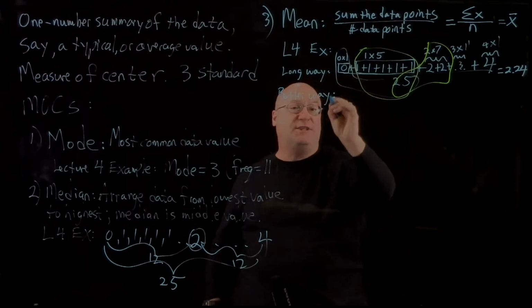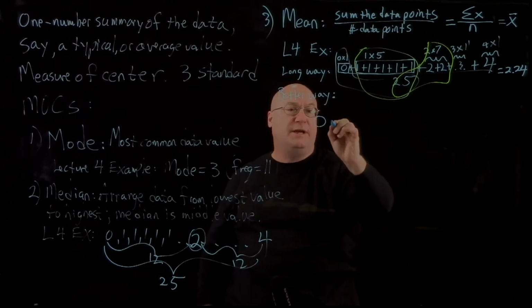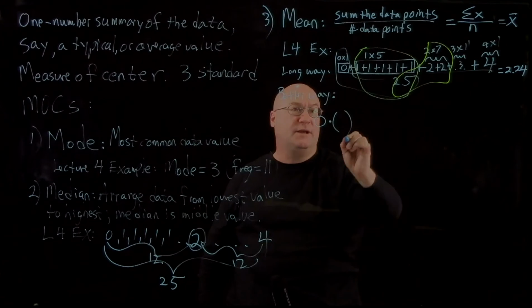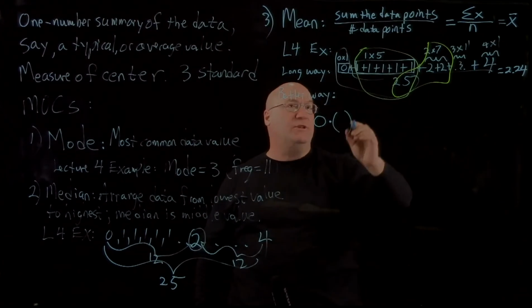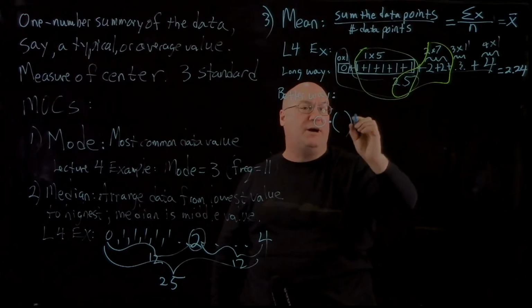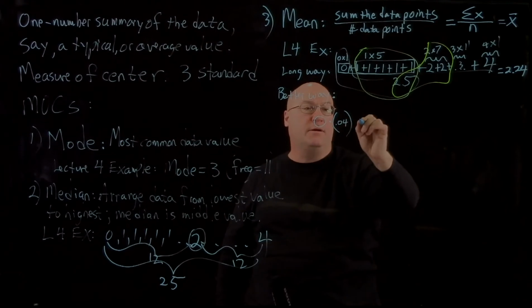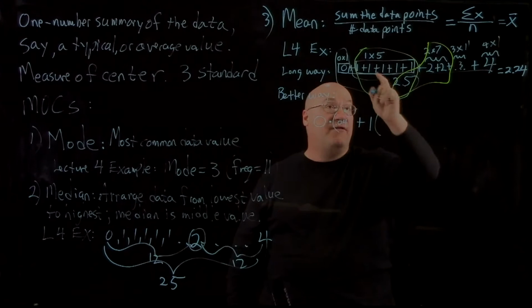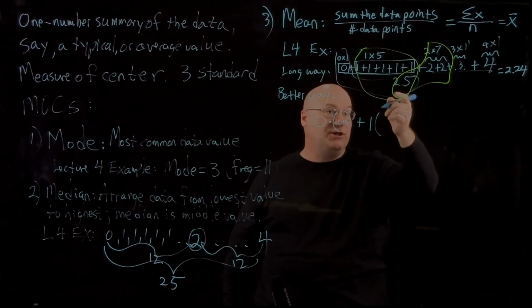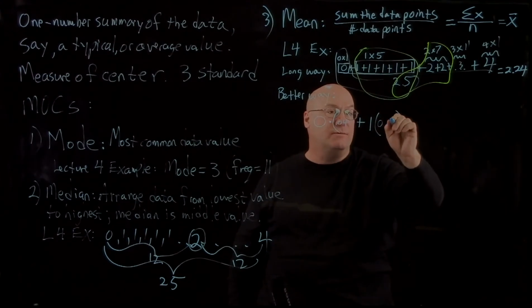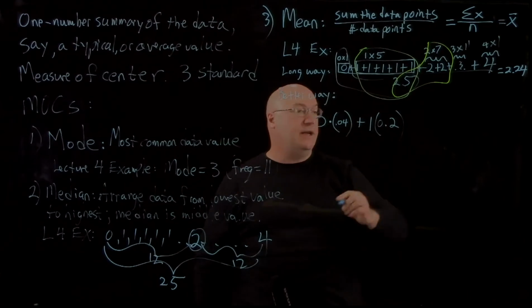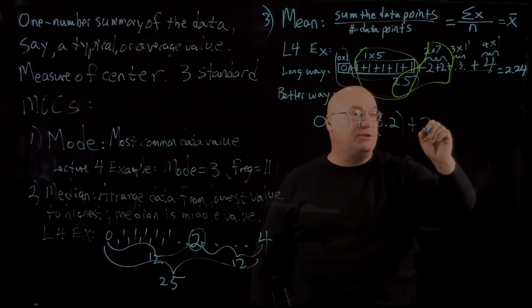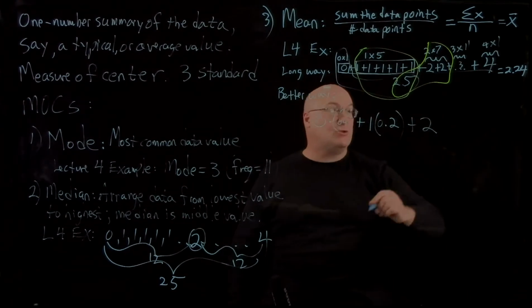The better way is to take the data value times its relative frequency, 1 over 25. The data value of 1 times 5 over 25, which is its relative frequency, which you can get from the table. Then take the data value 2 times its relative frequency.